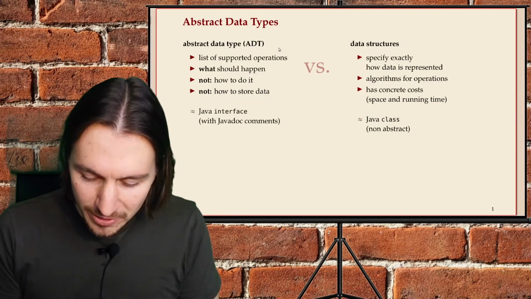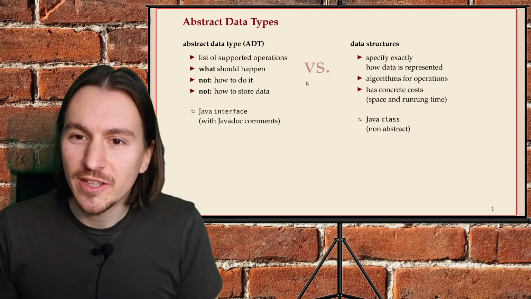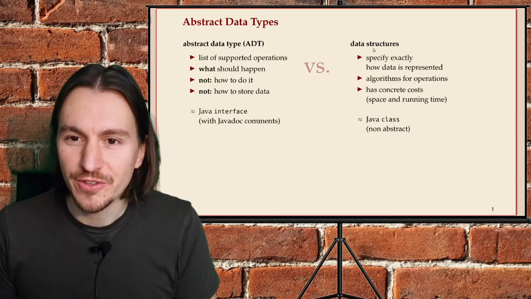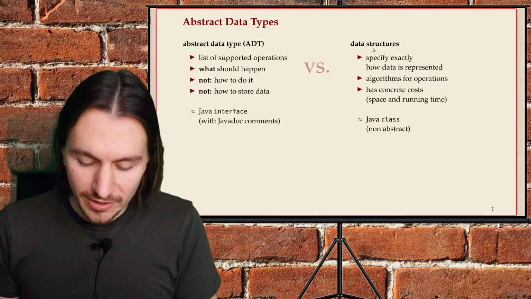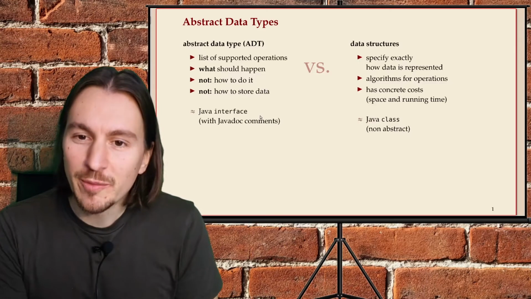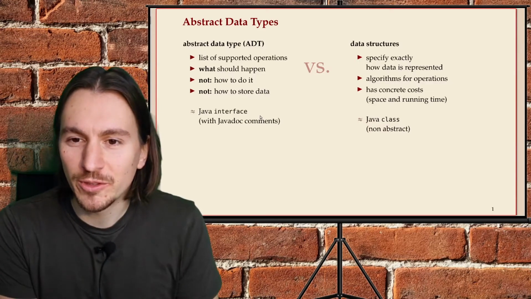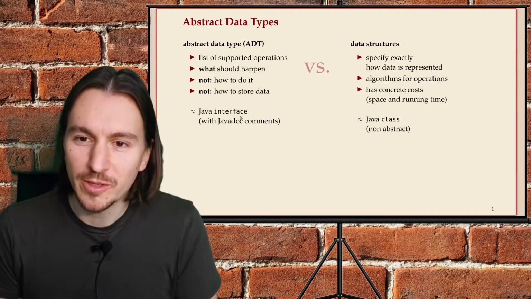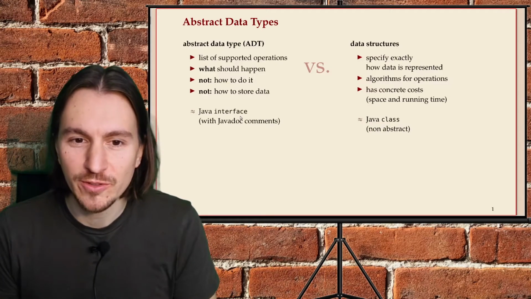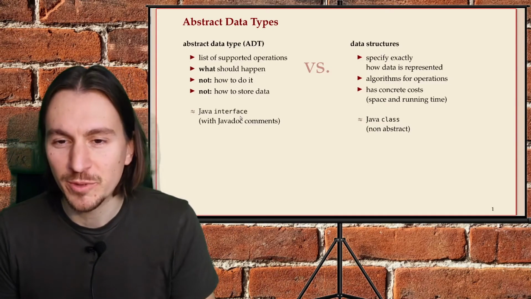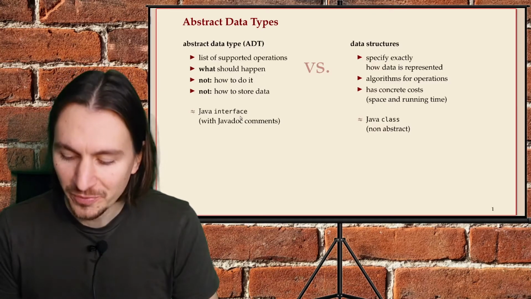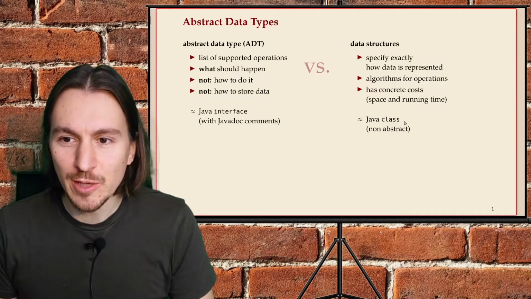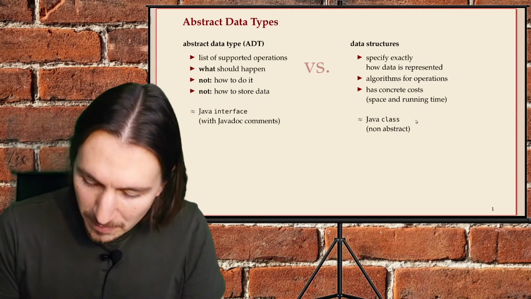The contrast is to be drawn between abstract data types on the one side and concrete data structures on the other side. And if you've learned programming in Java, then it will help you to think about abstract data types as something like the interfaces in Java, where you specify the operations of the methods, but you don't provide any implementation. And data structures are the concrete classes that implement a certain interface.